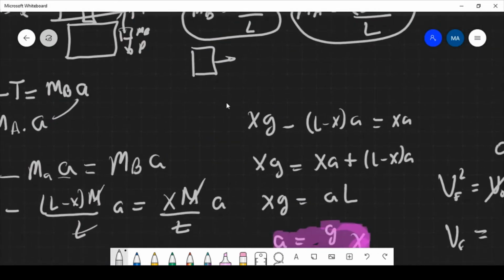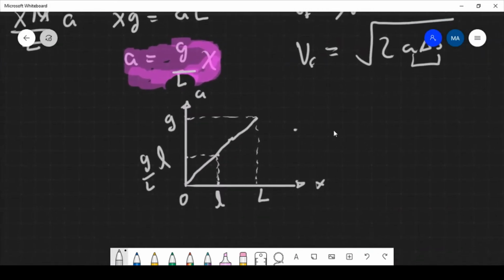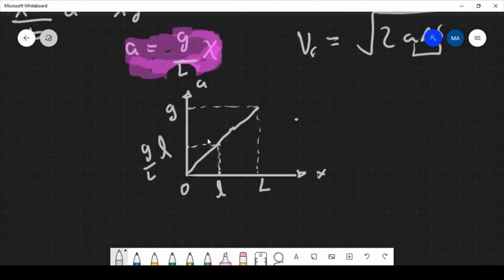So how much is the variation? How much is delta x? It is this area over here, because this is a, values of a, and this is L minus delta l. So what is this value?